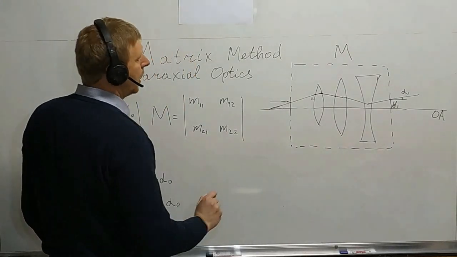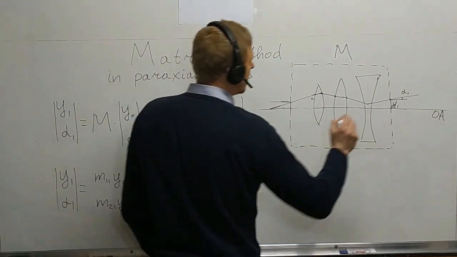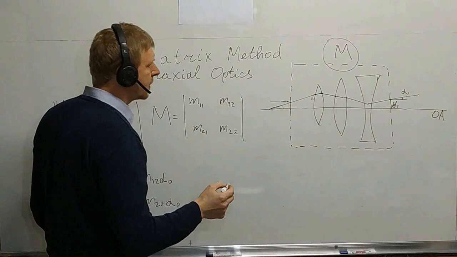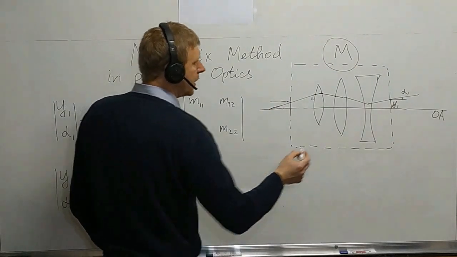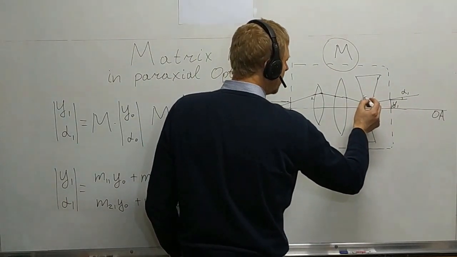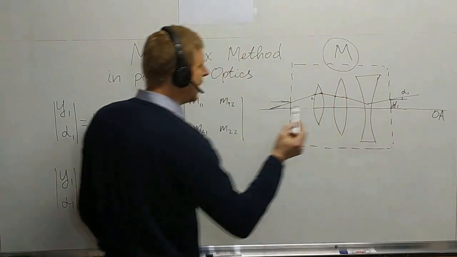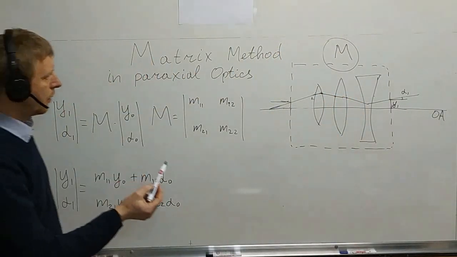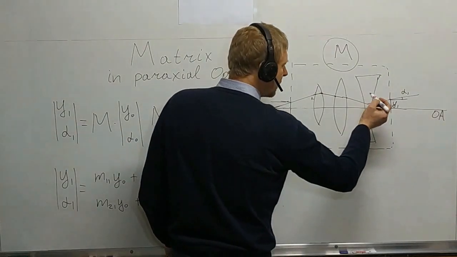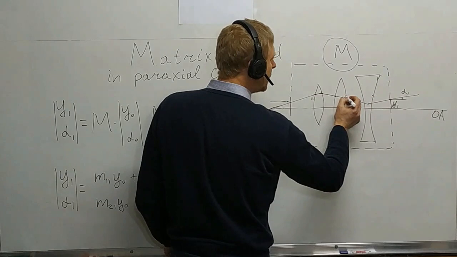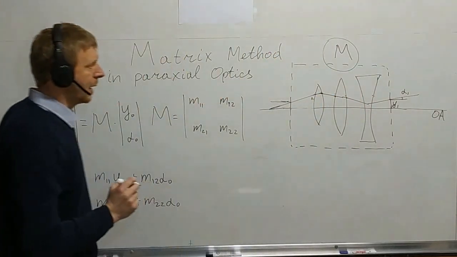Okay, so now, of course, in order to define the matrix for the whole system, that matrix will be composed from several other matrices, where those matrices are the action of each optical element inside of the system.